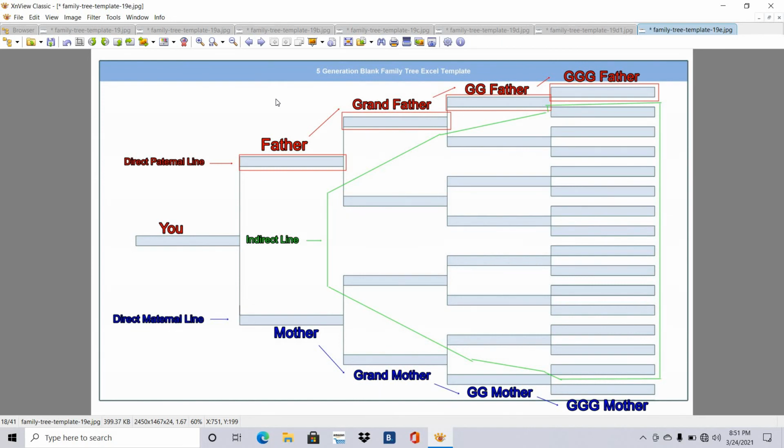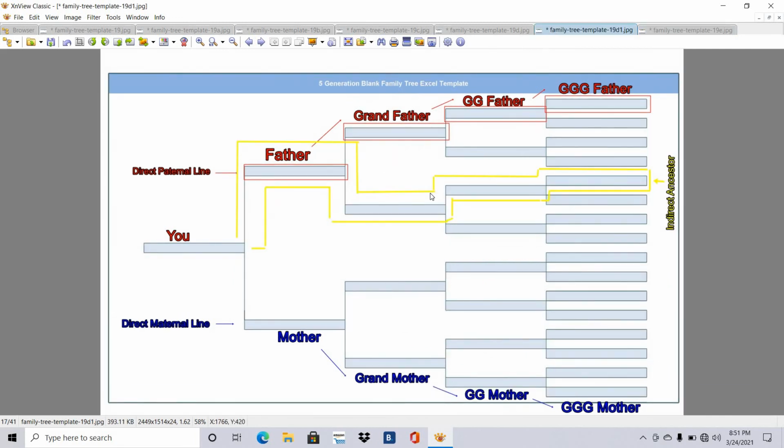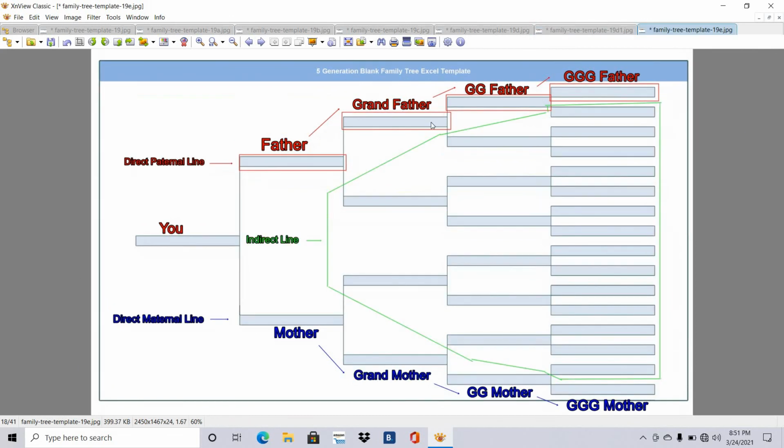It's not my intention to make anybody angry, but sometimes people need to be told. Please accept what I'm trying to do here. Remember the stuff in the middle, indirect ancestors. They're an ancestor, but they're not your direct ancestors. So please stop calling everybody that's somewhere in the middle, 20 to 30 generations back, your direct ancestor.